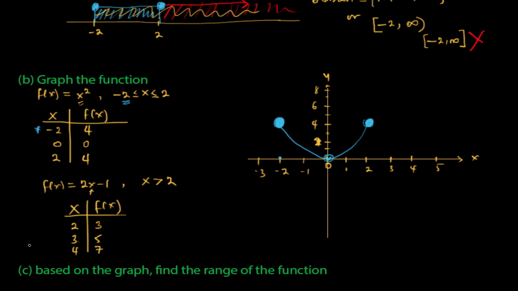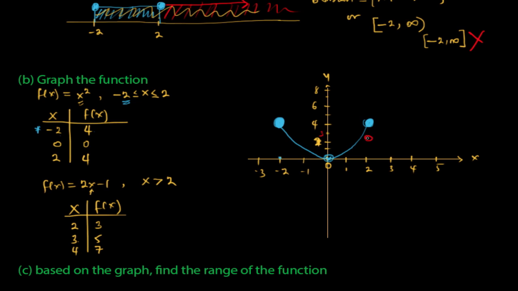So I'm going to have to plot these values here. When x is 2, f of x is 3. This is 3 here, 3 is somewhere here. So let's assume the graph is somewhere around here.